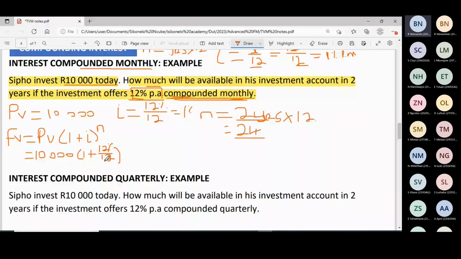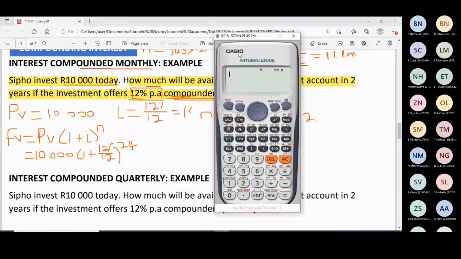He will be earning interest for 24 months because interest will be earned each and every month. That is the meaning of monthly compounding. In 2 years we have 24 months. Now punch this in your calculator: 10,000 times (1 plus, using the fraction pattern, 12% divided by 12 months because interest is compounded monthly), exponent 24.